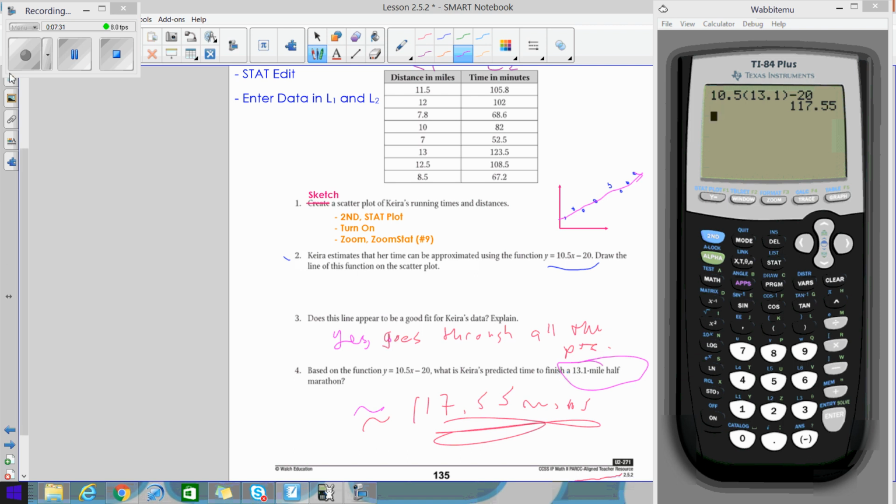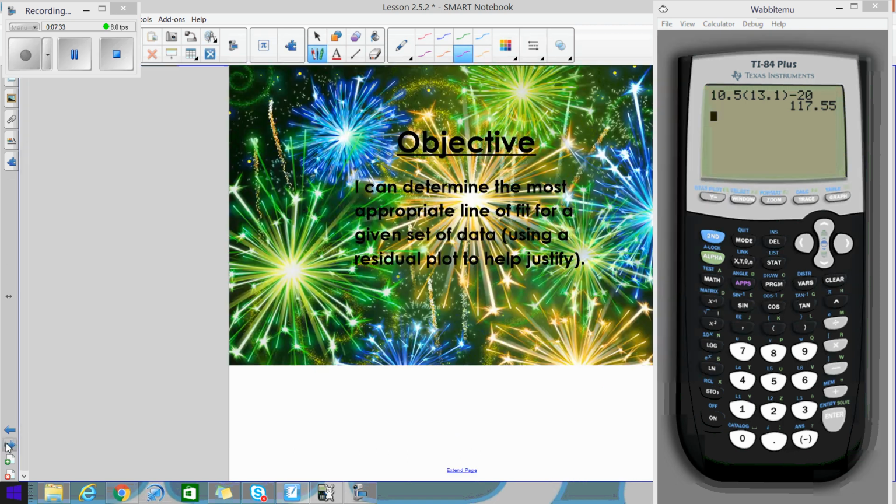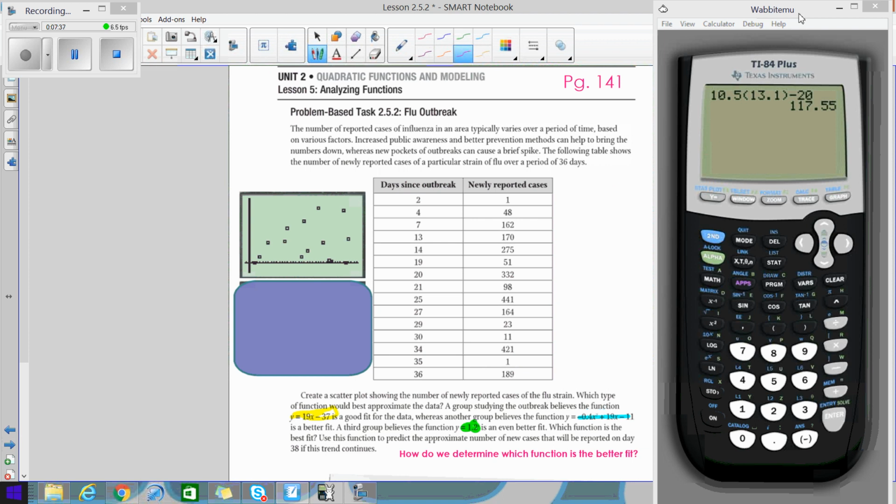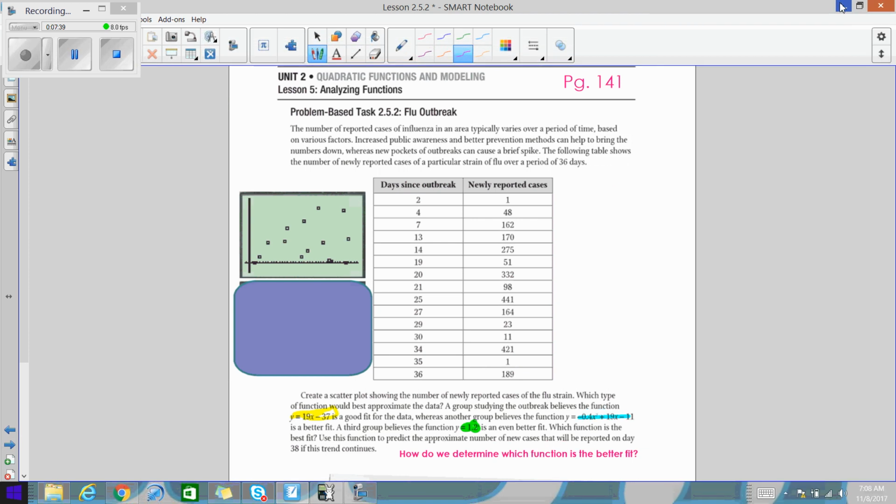So, all right, let's take a look at a problem that we're going to be looking at. So here is our idea of what we're doing. So not only are we using linear to model our data, what we can do is identify whether or not it's best modeled by linear, quadratic, or exponential. So this is our first problem.